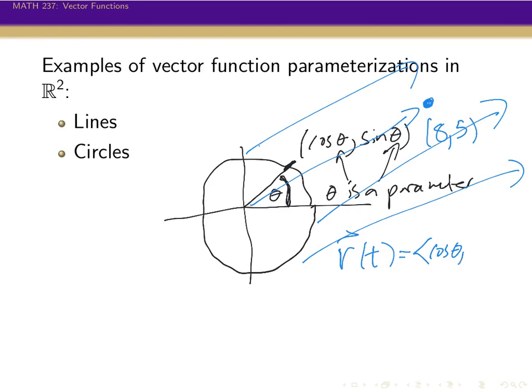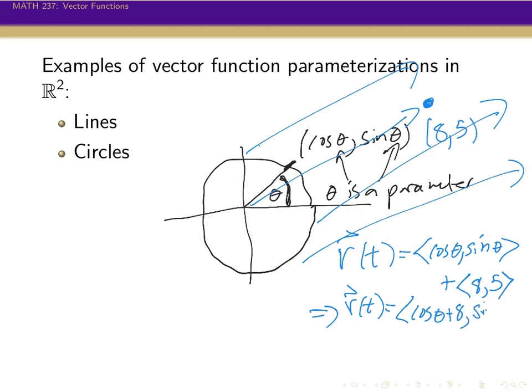If we just do (cosine theta, sine theta), that's drawing out the unit circle, and then we shift it by (8, 5), which moves everything over to the other side. So we'd have r of t equal to (cosine theta plus 8, sine of theta plus 5), and that's going to give us our parameterization.